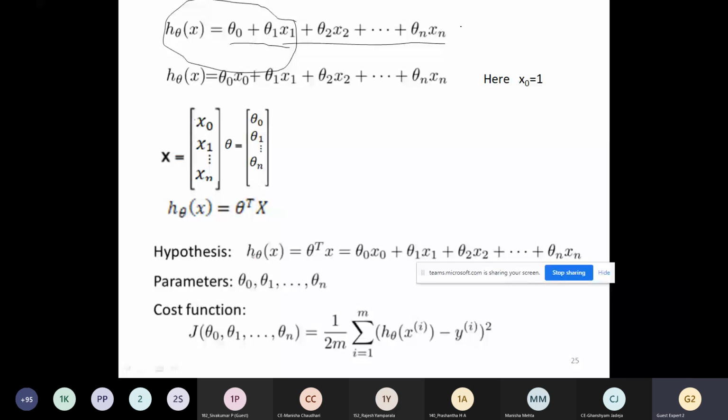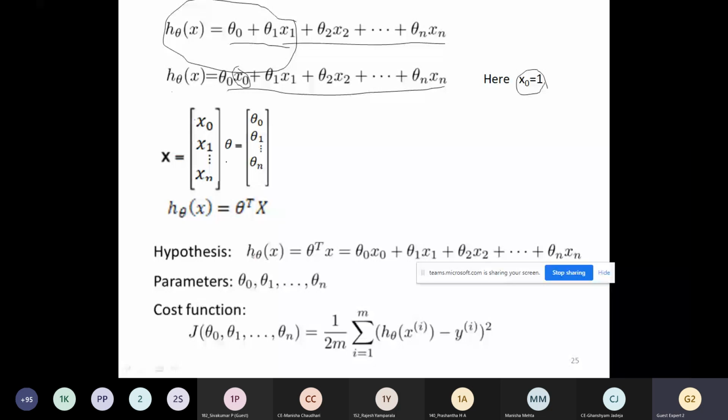For simplicity, I have used x0 also, so theta 0 x0 plus theta 1 x1 plus theta 2 x2 up to theta n xn, where x0 is always equal to 1. Now I can represent this equation using vectors, where the x vector has values x0, x1 up to xn, and the theta vector has values theta 0, theta 1 up to theta n.